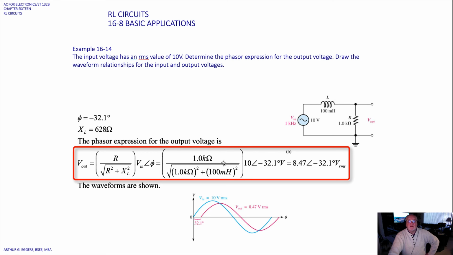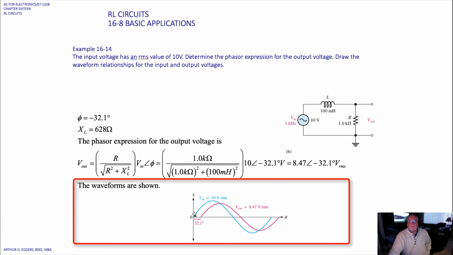So using the product rules and calculations, we end up with 1K over the vector sum, times 10 at an angle of minus 32.1, which gives us V out as 8.47 at an angle of minus 32.1. Okay, so V in was our 10 volt source. V out, we have a lagging waveform of 32.1 degrees, with an RMS value of 8.47.